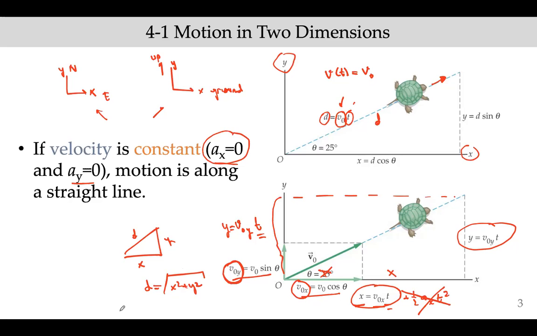So the point here is you can use the coordinates. You can use the motion in each coordinate separately, and then find the answer at the end. Or you can just find the distance directly from this formula as well. Of course, you will find exactly the same thing.